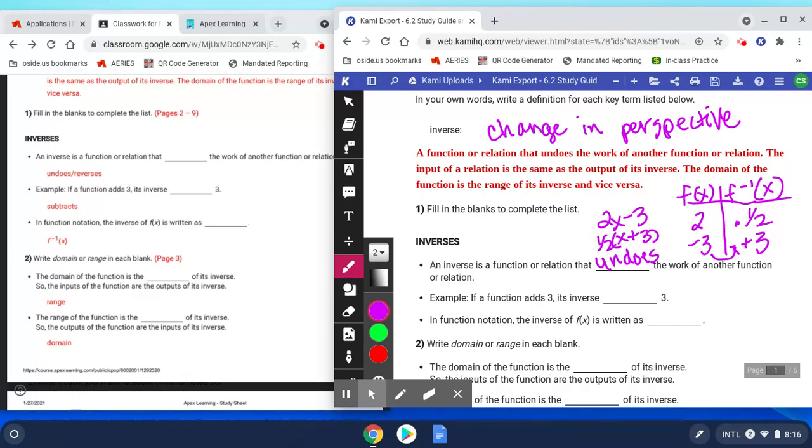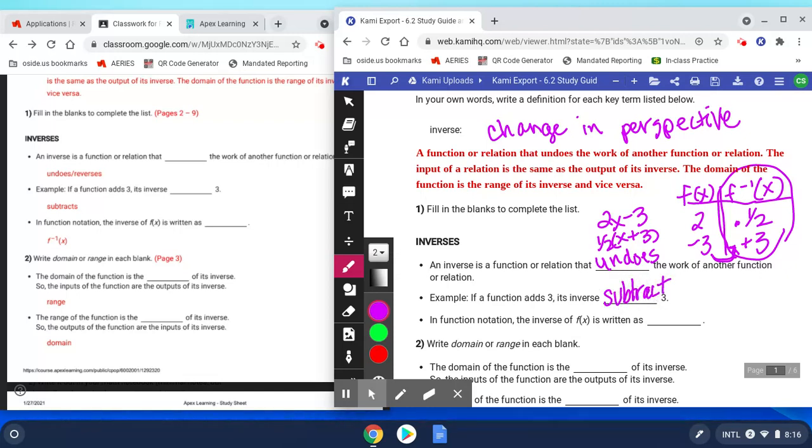So keep in mind that I'm talking about this inverse function is undoing the work of what was done right here in the first function. So that's what we're referencing here when we say that it undoes the work of another function. If a function adds 3, its inverse will subtract 3.